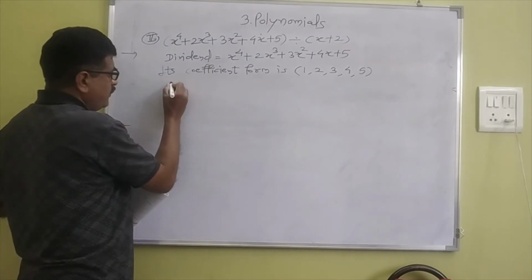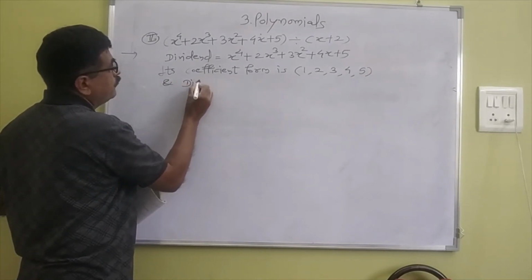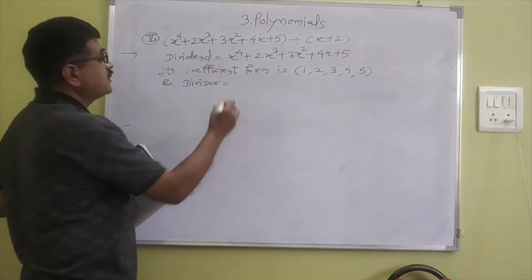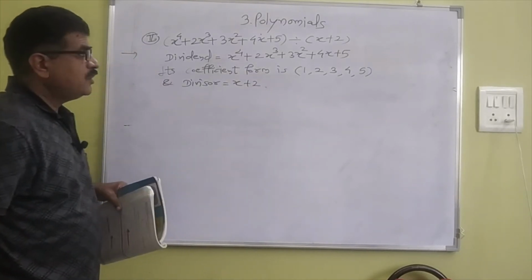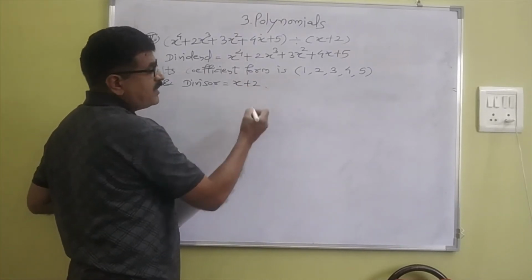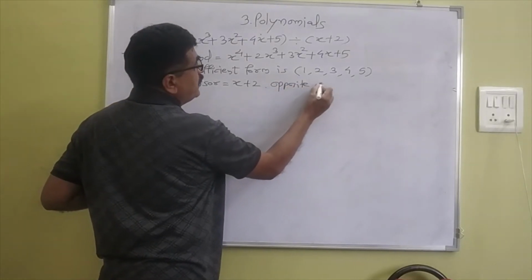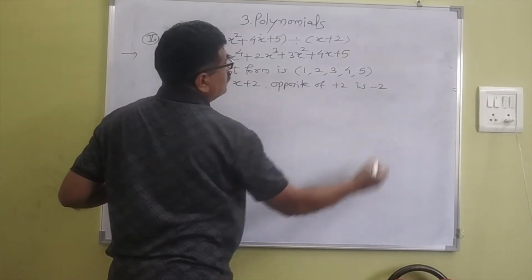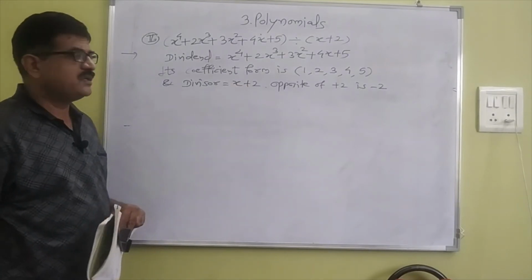And the divisor is equal to x plus 2. Here the opposite of plus 2 is minus 2. There is a plus sign, therefore take the minus sign.